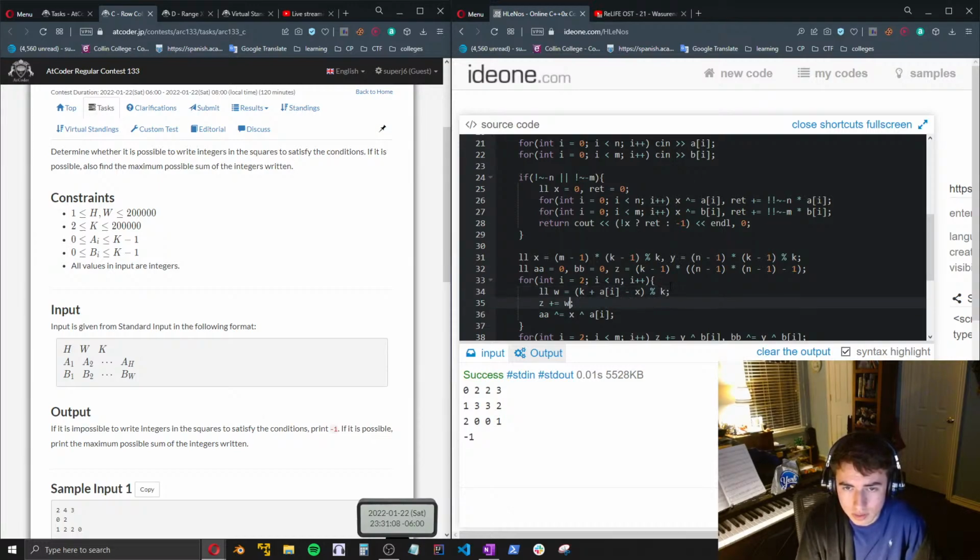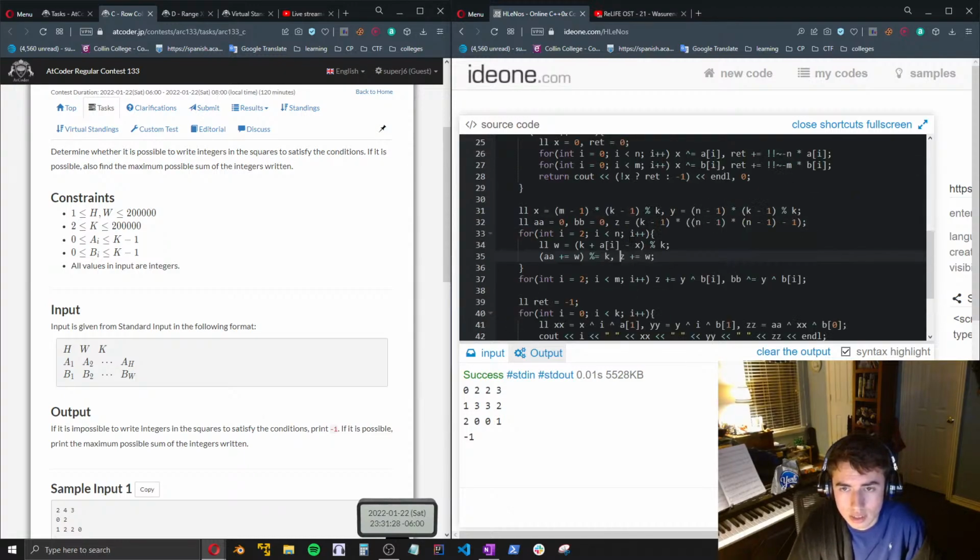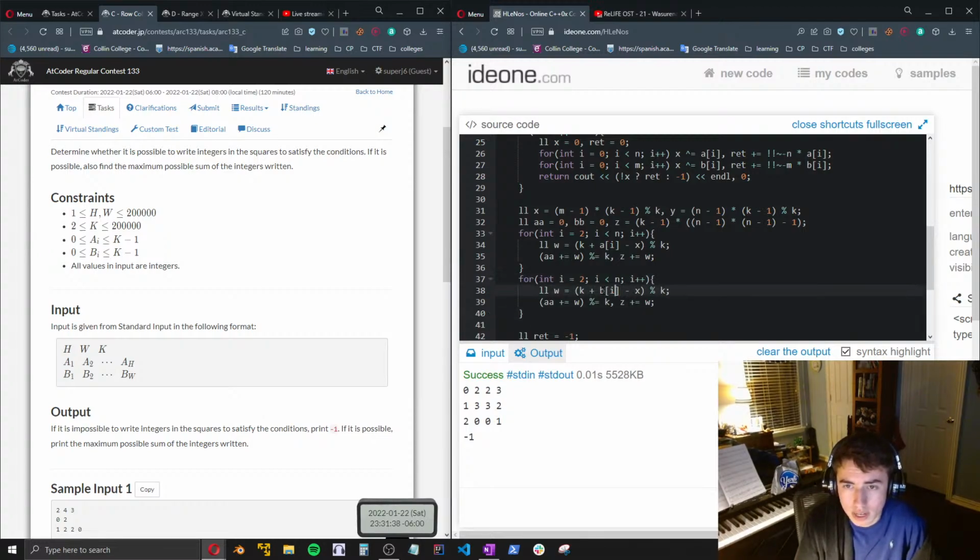C plus equals W, and then we have to do AA plus equals W, same equals K. Here we're doing the same thing, except for B of I minus Y, BB.